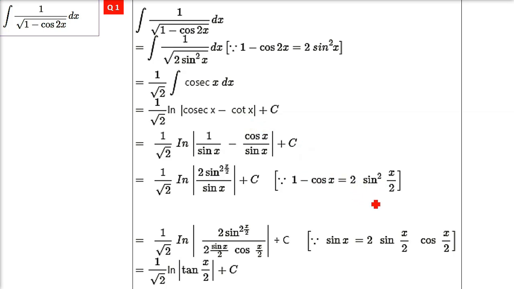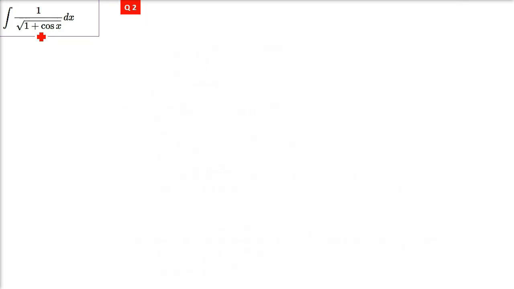So we always tend to discuss all the formulas which we are using or which we should use. Same thing here: 1 plus cos x. What is 1 plus cos x? It's the integration of 1 by under root 1 plus cos x, as we have just discussed. I'm writing it directly.